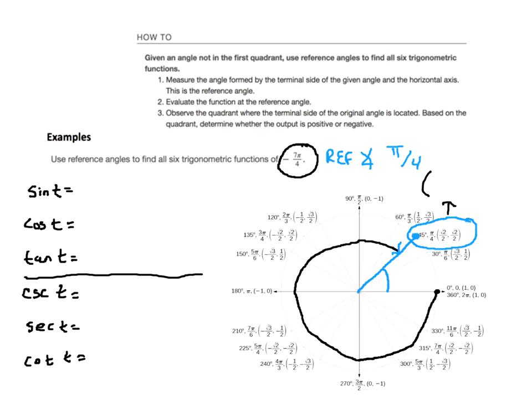Okay, so just to make this a little bit easier to see, the coordinates of this point are square root 2 over 2, square root 2 over 2. And now think about it. We're in the first quadrant, and if we use our acronym, A Smart Trig Class, all functions in the first quadrant are going to be positive.